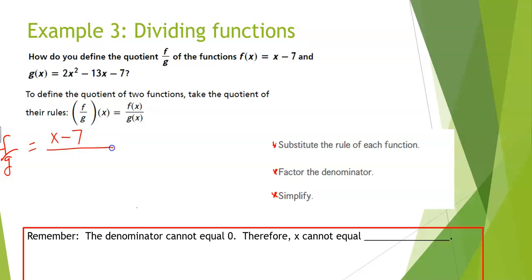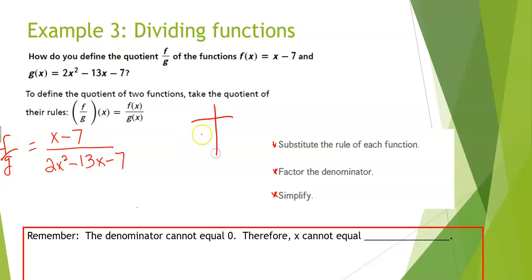And then on the bottom, we're going to have 2x squared minus 13x minus 7. It looks like, you guys remember how to factor those? There's a couple ways you can do it.